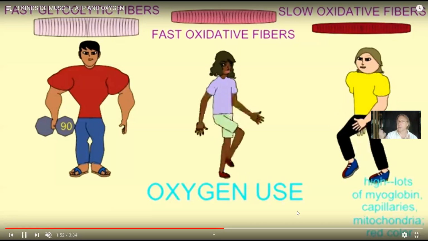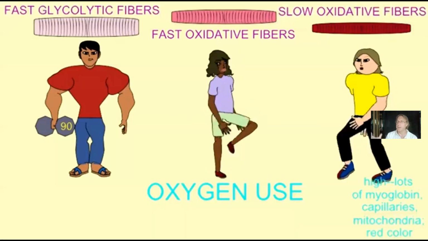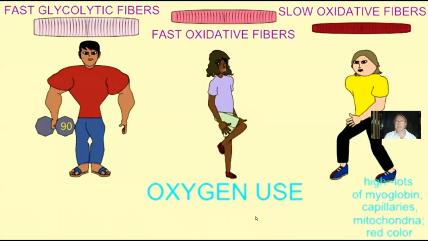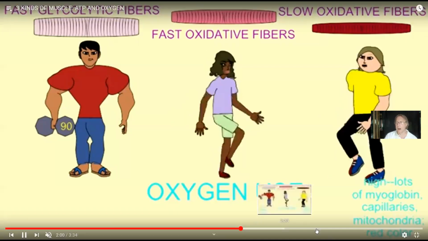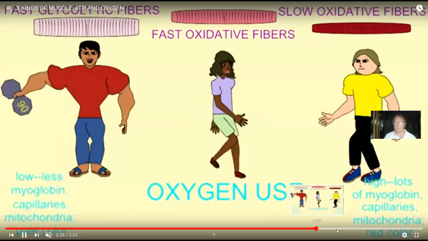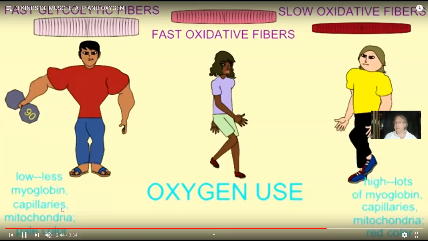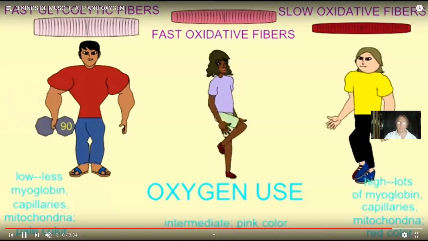So you can distinguish in the supermarket between the slow oxidative fibers and, say, the fast glycolytic fibers of the chest muscles. Here, these look lighter in color. They have less myoglobin, less in the way of capillaries.